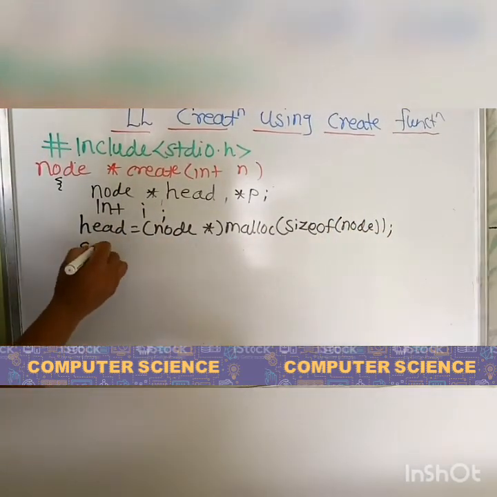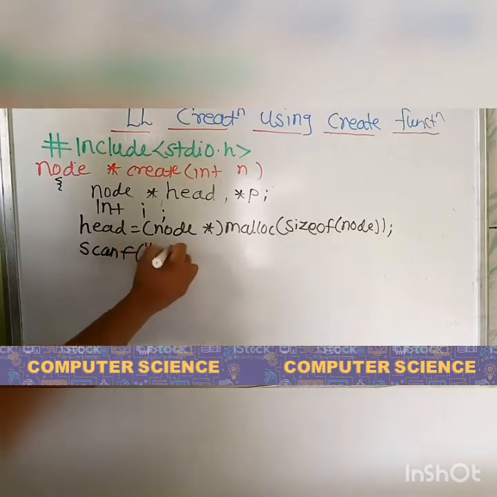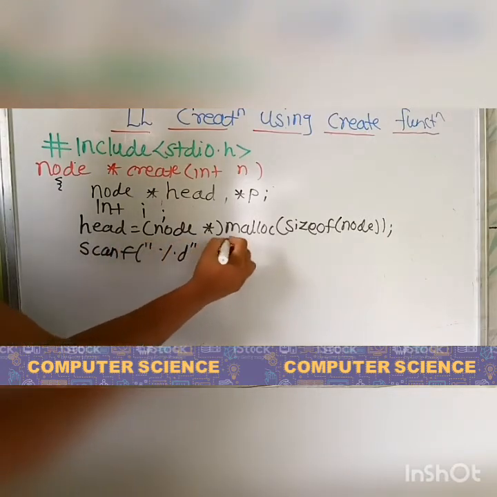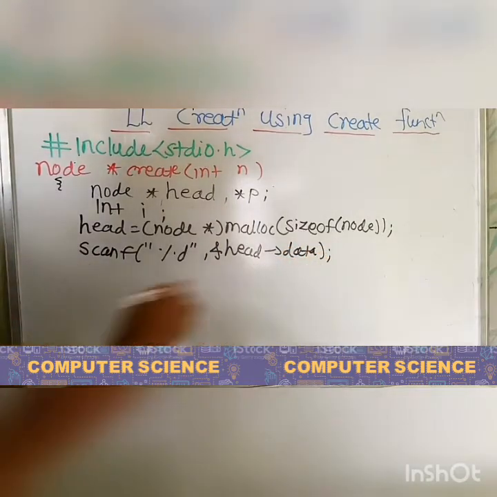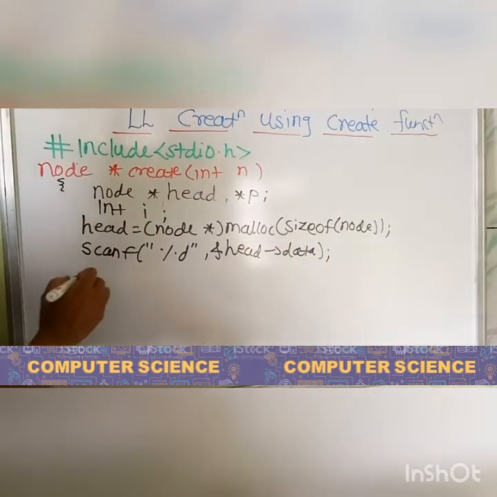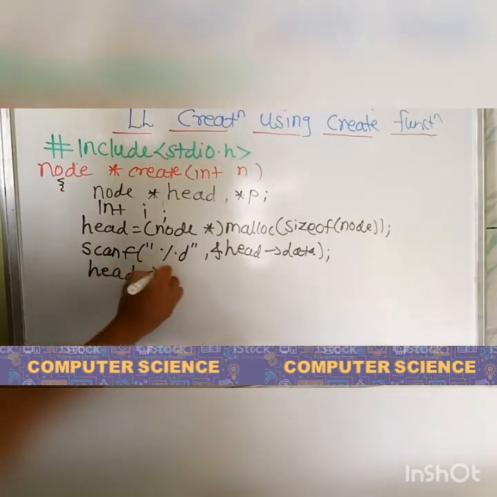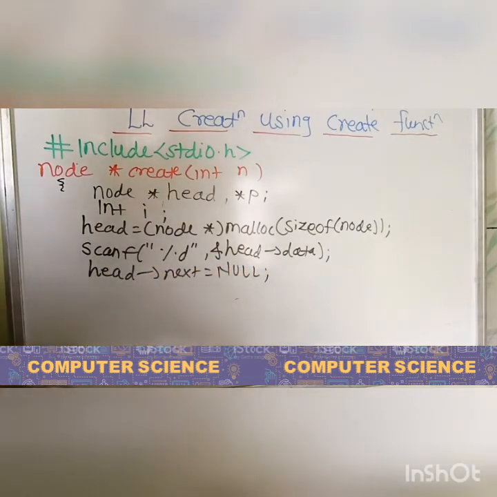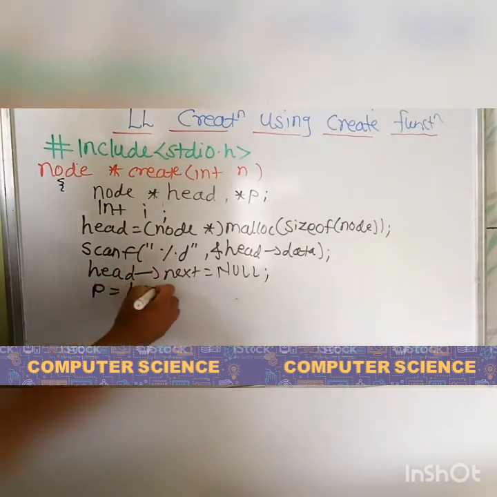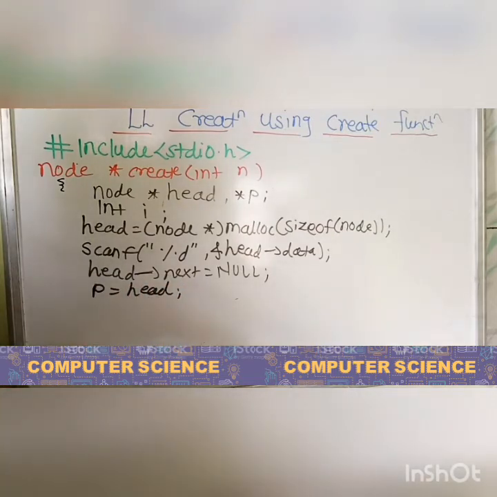Then we will accept the data element like scanf %d &head->data. Now we will declare the next pointer as NULL, means head->next equals NULL. Now we have to take one dummy node to handle the further nodes, so we will create it as p equals head node.